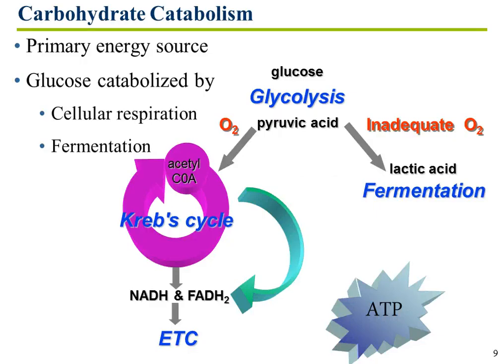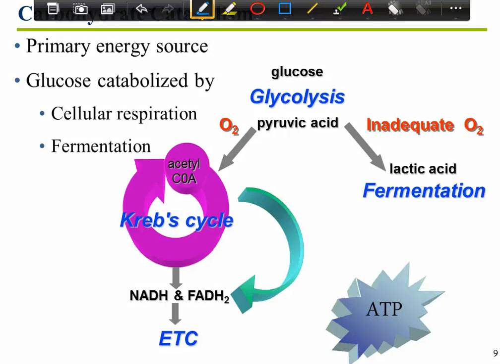Okay, so let me lay out the setup here. Here's the big picture. We're going to start with carbohydrate catabolism. That's the one you know. It's oxidation of glucose. Aerobic respiration is what we're going to start with. So what you see here is a look at the breakdown of aerobic respiration or cell respiration.